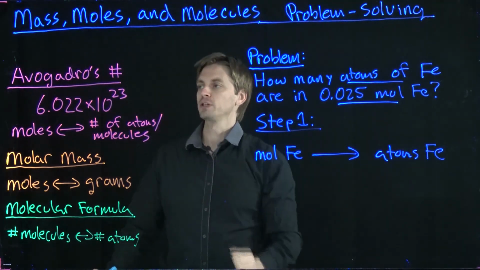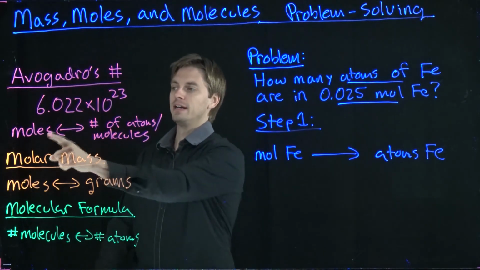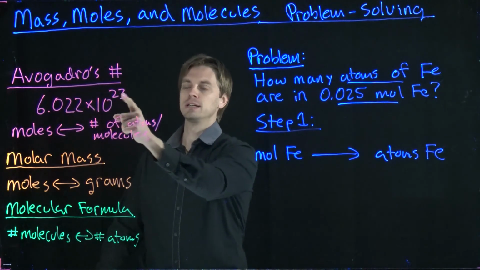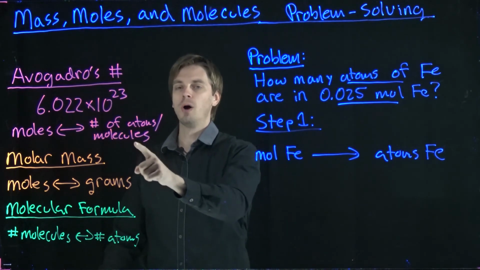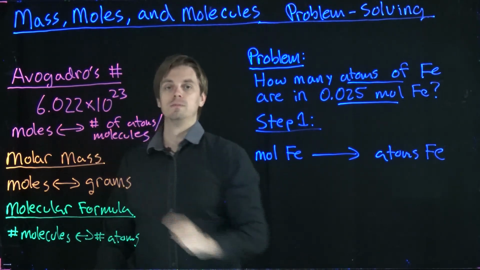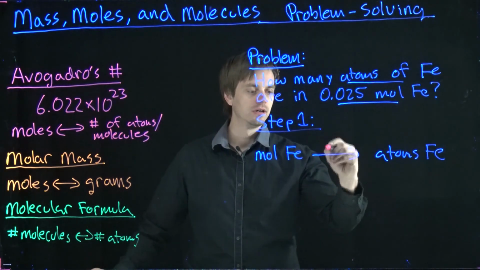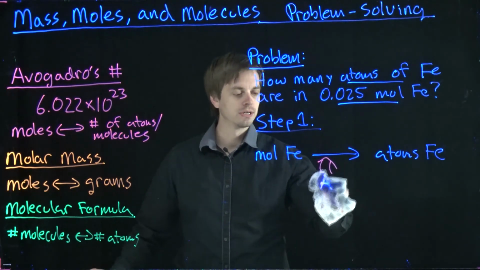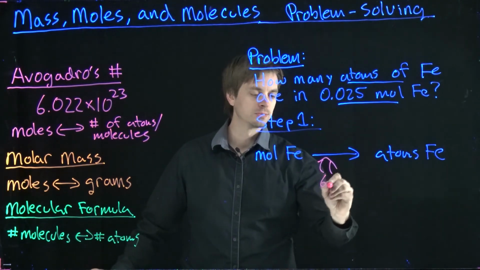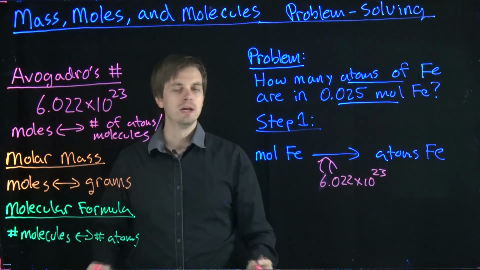Well, you see our first conversion factor up here, Avogadro's number, does just that. 6.022 times 10 to the 23rd tells us the number of individual atoms or molecules in 1 mole. So the conversion factor we're going to be using here is nothing other than Avogadro's number, which we can go ahead and write out. It's going to be 6.022 times 10 to the 23rd.